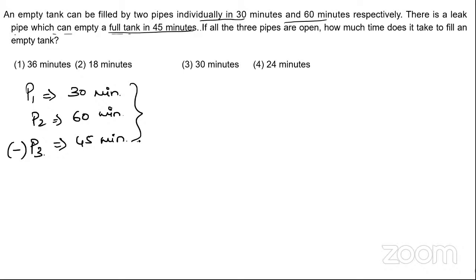Now, the first thing I'm going to do is take the LCM of 30, 60, 45. Which is the highest number? 60 is the highest number. So can I take the multiplication table of 60? 60 ones are, 60 twos are, 60 threes are, and so on. Can you tell me which number is divisible by 30 and 45? 180.